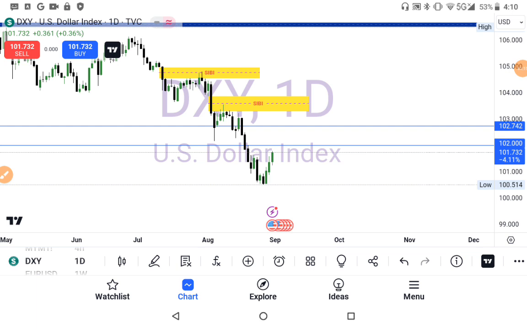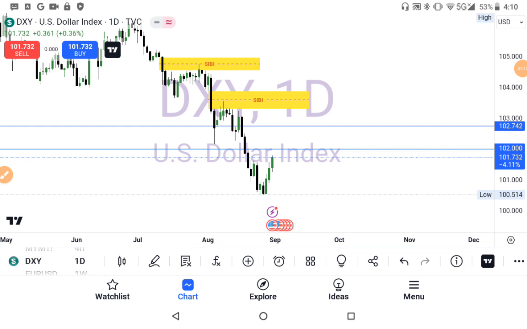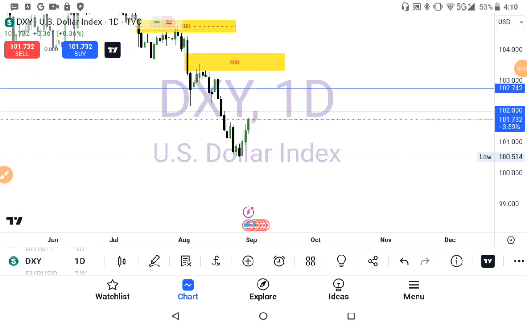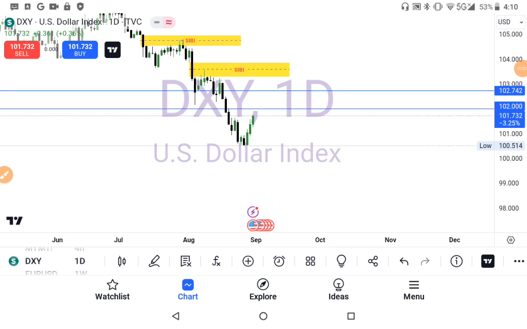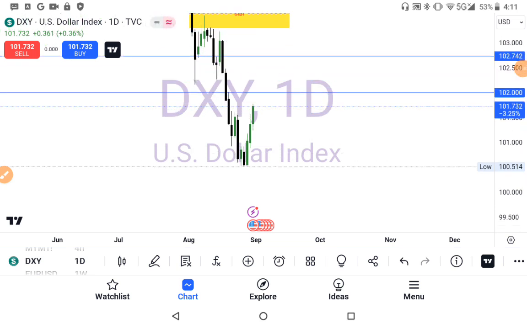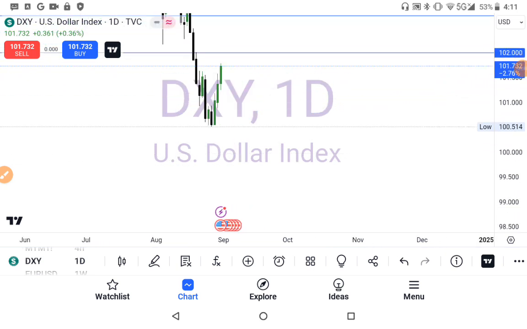So without wasting much of our time, we'll start with the dollar index, which is our bellwether. Then we start from what I was watching the previous week. As of last week, I was interested in 100.720.